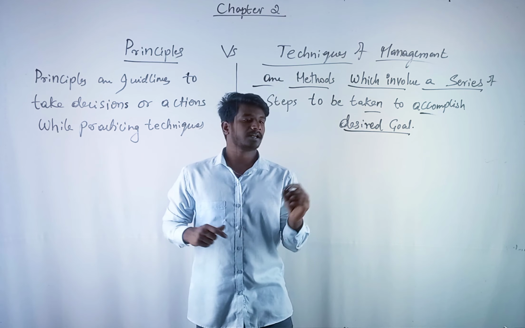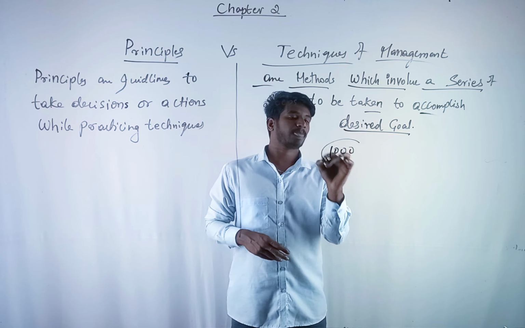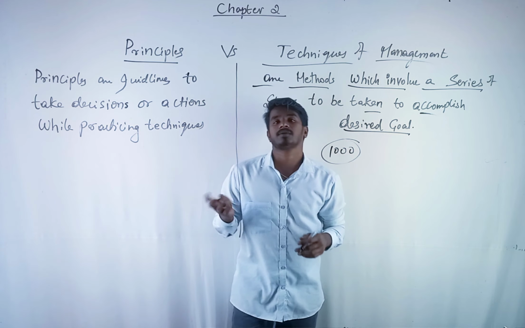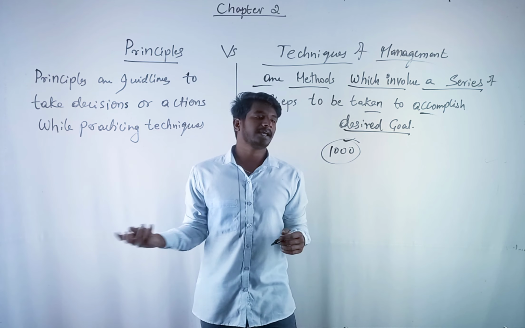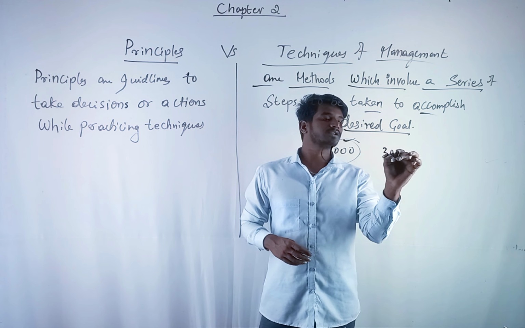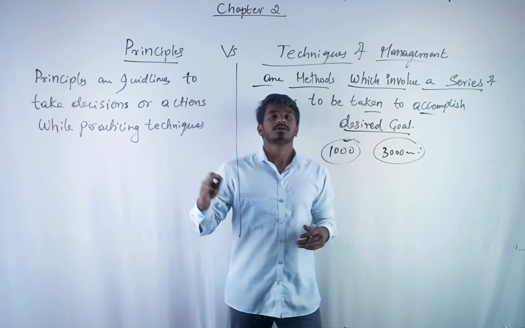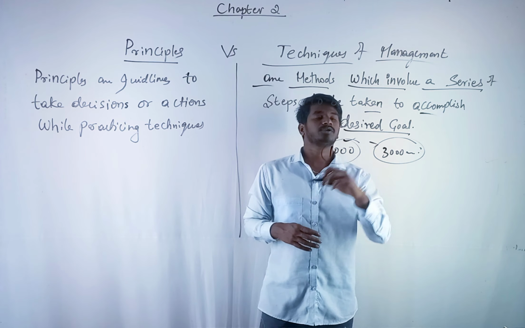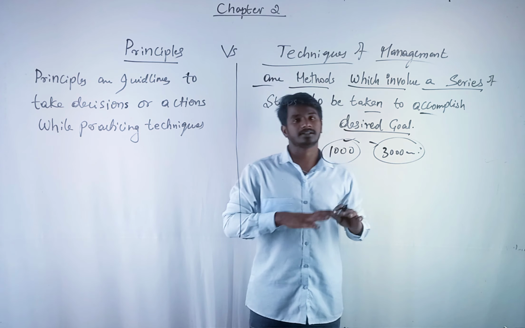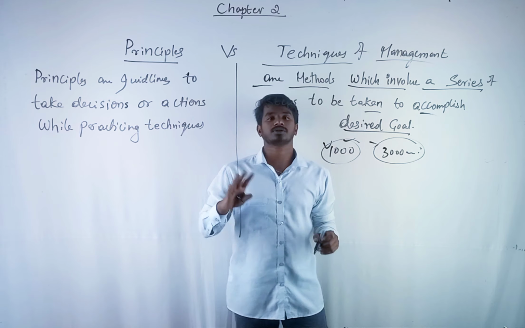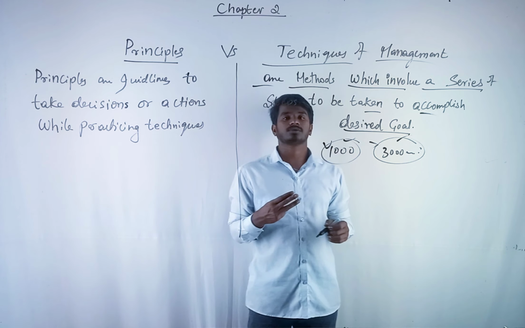Let us take an example. Normally you will produce 1,000 units, but the next day you should produce 3,000 units because of a customer order. The top level management informs you to produce 3,000 units the next day itself.